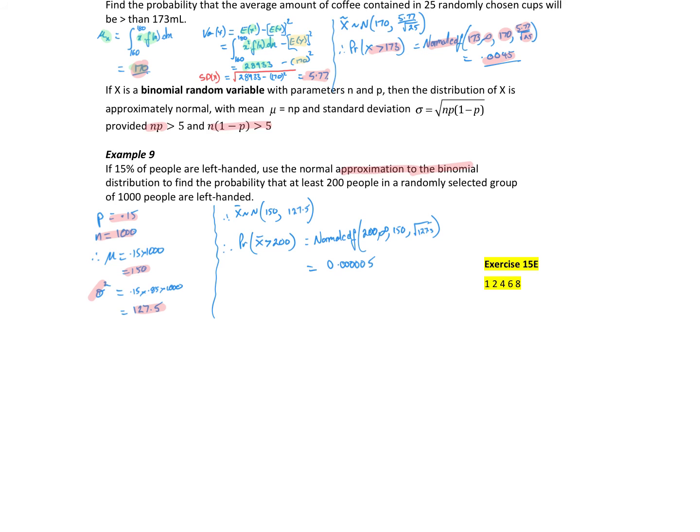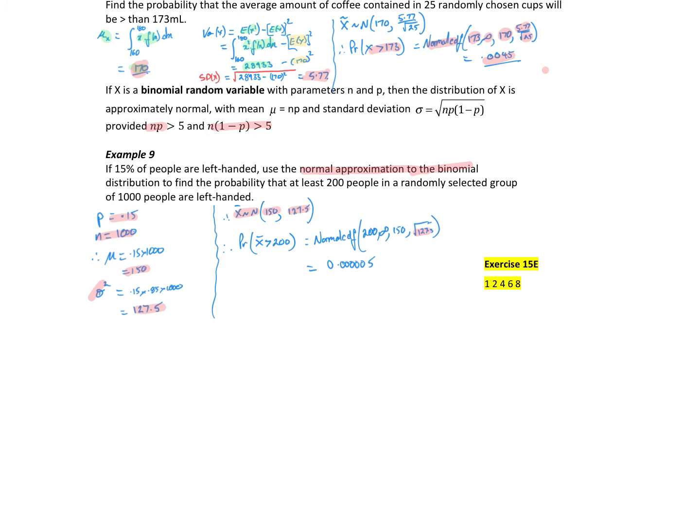Okay, so this part of it here, I guess, is slightly different to what we had previously, because in this one here, we're using a normal approximation to the binomial. So what we're saying now is a little bit, this is almost like a methods question in reality. What we're saying is that my variable is distributed as normal with 150, 127.5.